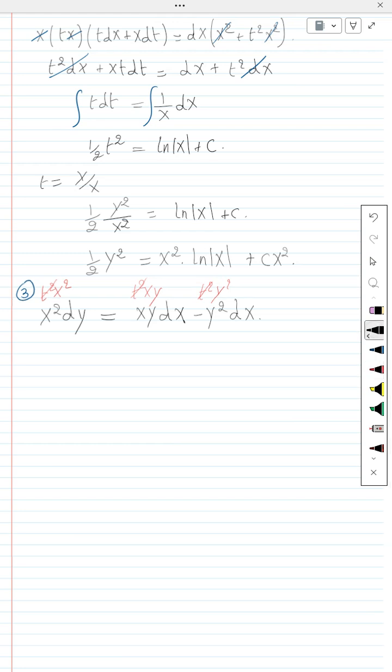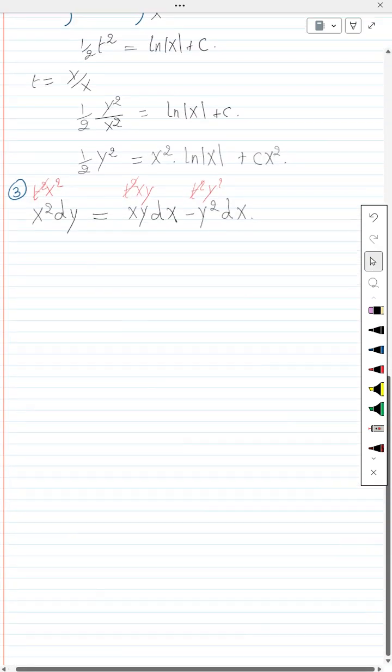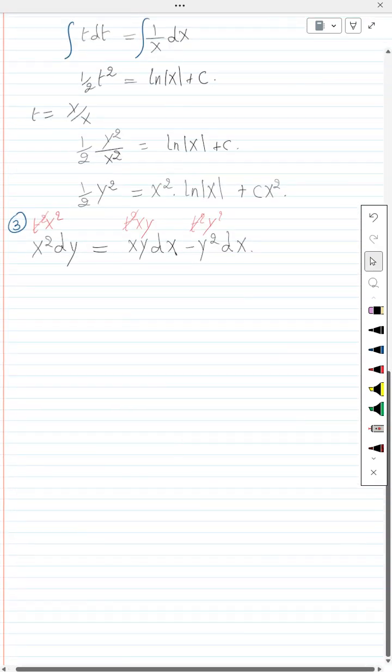So we just need to do our change of variable, which is y equals tx. Directly, dy is going to be x dt plus t dx.